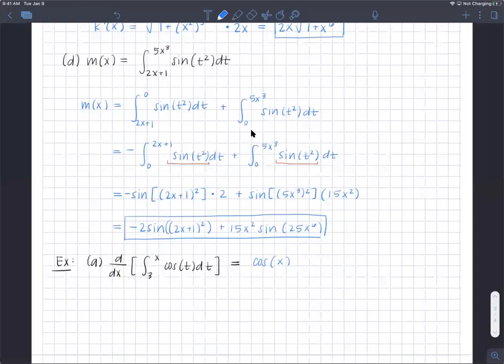So that's part A, but if I compare that to part B, what happens if I change x to 5? Then what is my derivative now?